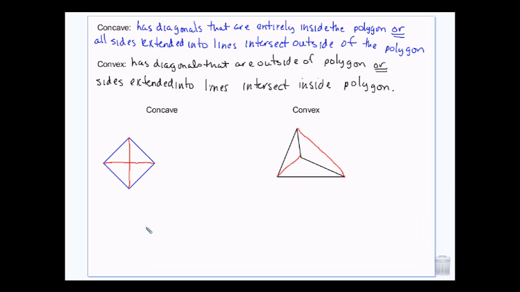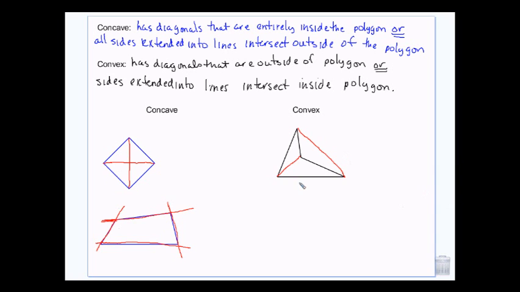Or we can look at the lines extending outside of the figure. And if you're concave and you extend your lines out like this, all of your intersections are happening outside of the shape. Right? Here's an intersection, here's an intersection. So it's happening at the vertices, but they're staying outside of the shape.